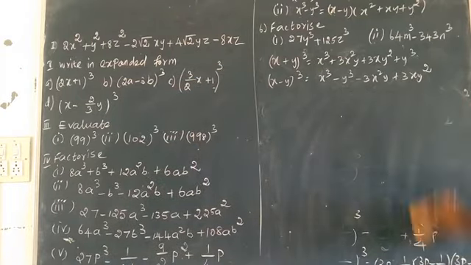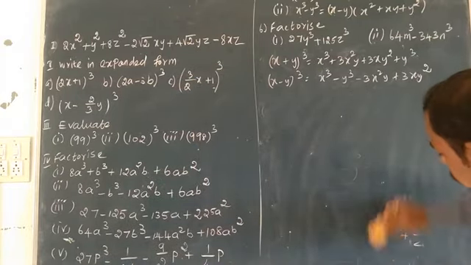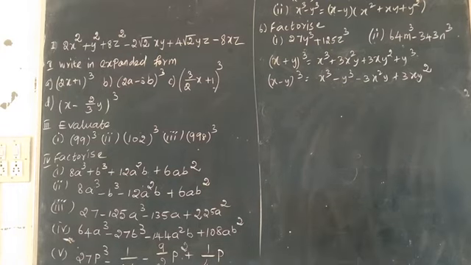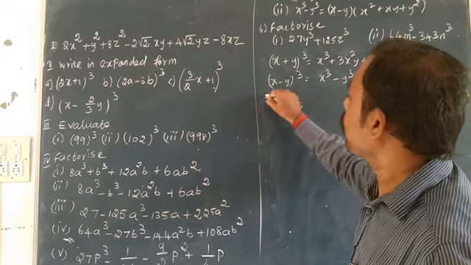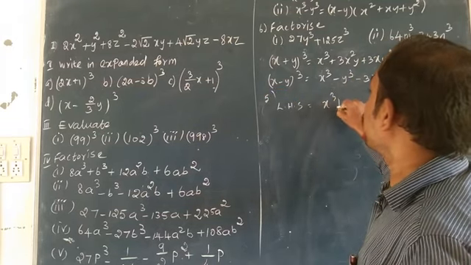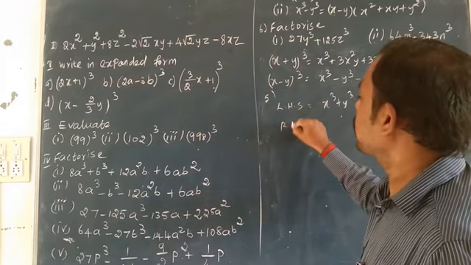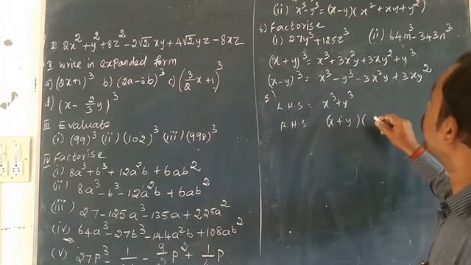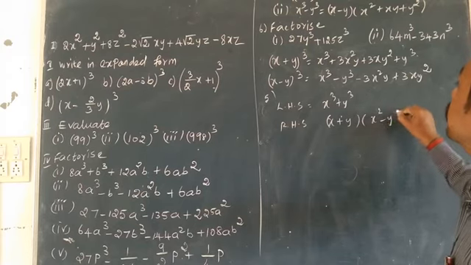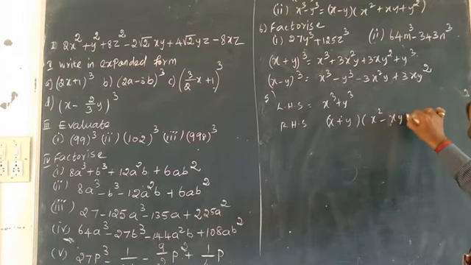Then come to the verification part, this problem. Just to verify means the left hand side is given with the problem, x cube plus y cube, and the right hand side we need to find the same x cube plus y cube, for x plus y into x squared minus xy plus y squared.